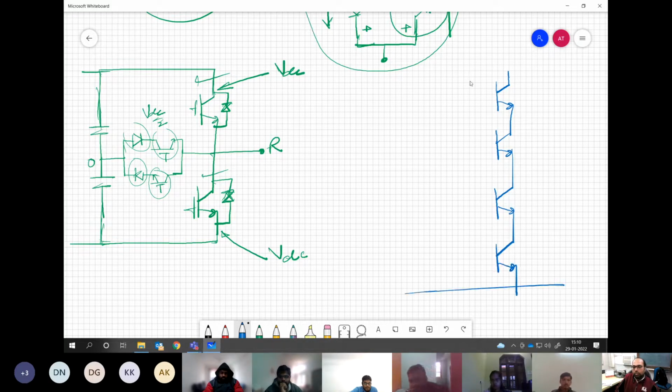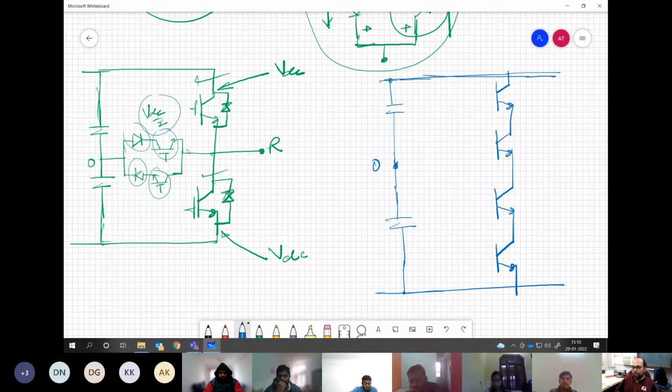Sir, for the Q4 switch also, instead of realizing that Q4 switch, we can use the ones that are used for R1 in anti-series. Yeah, but why? Like for uniformity, I'm saying. That's like over designing your system.